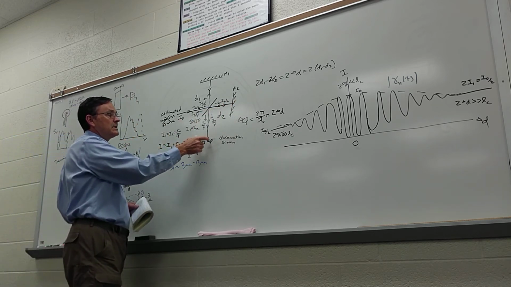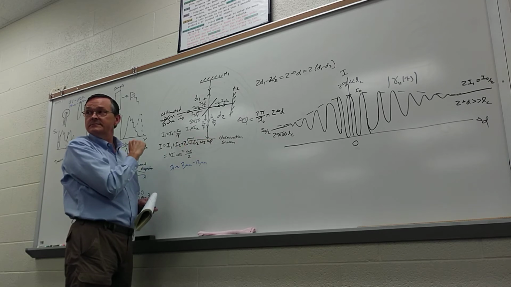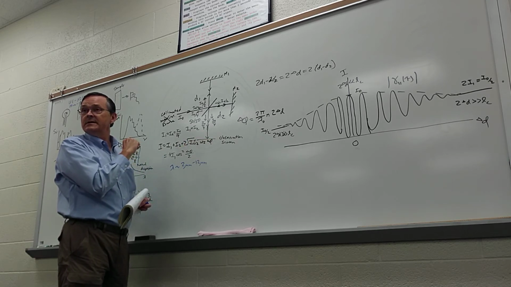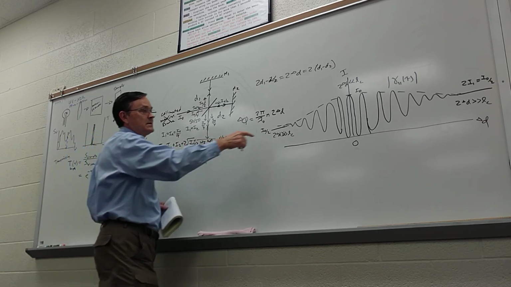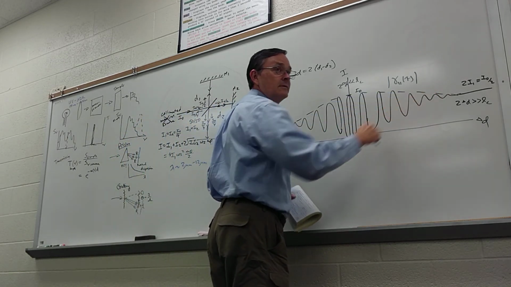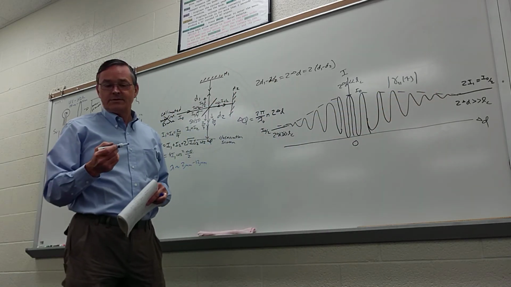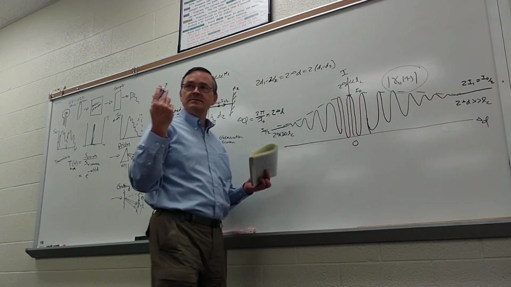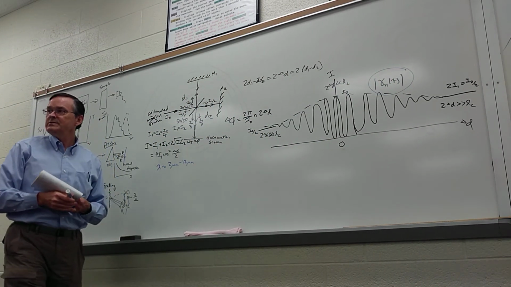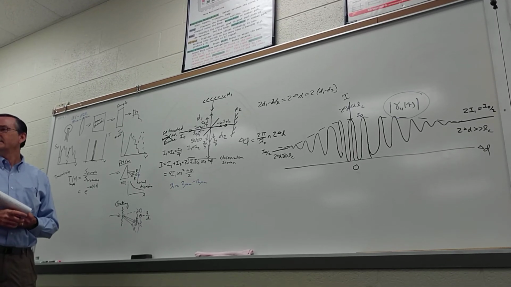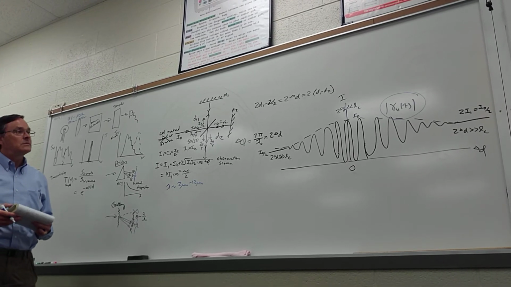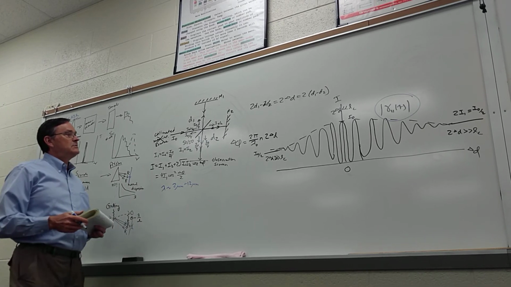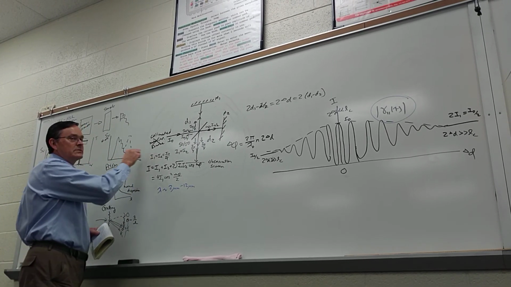And then your detector down here, what's it going to see? It's going to see the middle of that, this thing right here. So you're measuring that by just looking at the envelope of the fringe pattern. That means you just measured the coherence of your source.